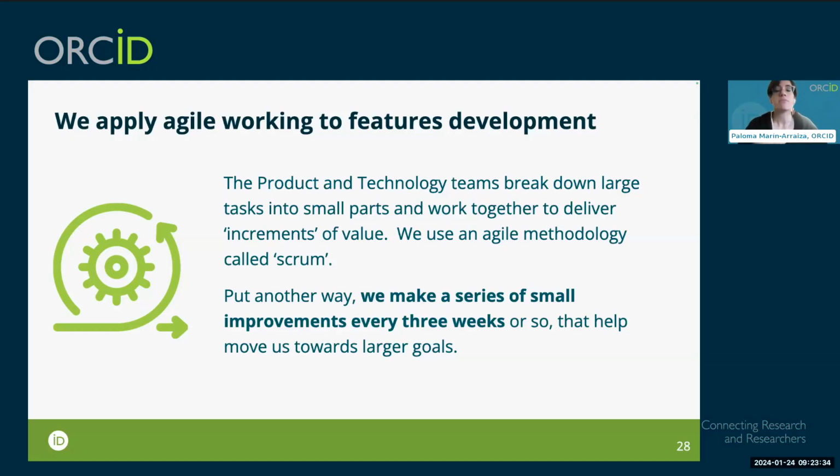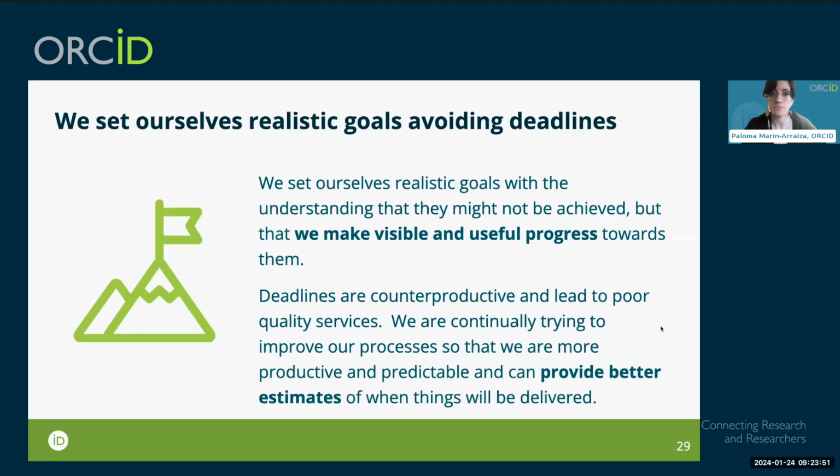If you check part of the information, for example, the Feature Friday, which is always available in our news at ORCID, you will see part of those sprints and how we are covering new features and new improvements as part of this process. We try always to set realistic goals and avoid deadlines.